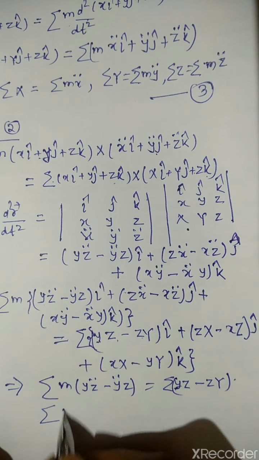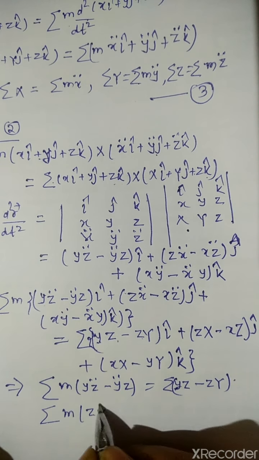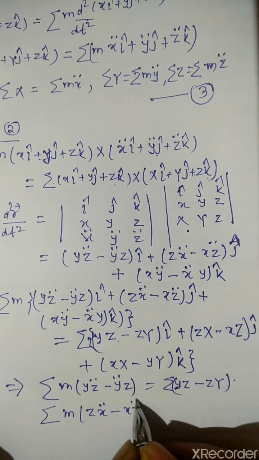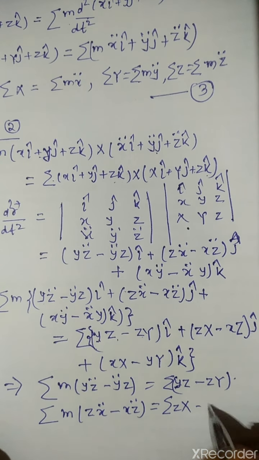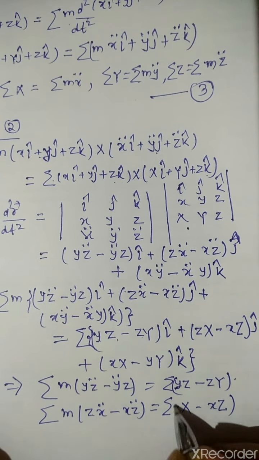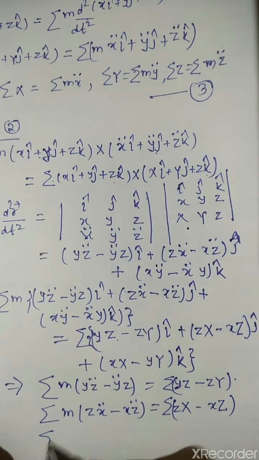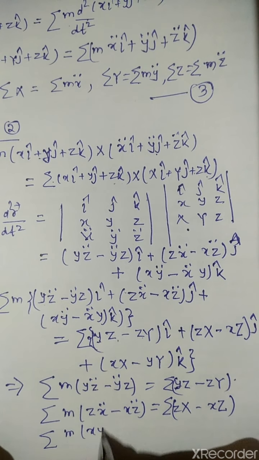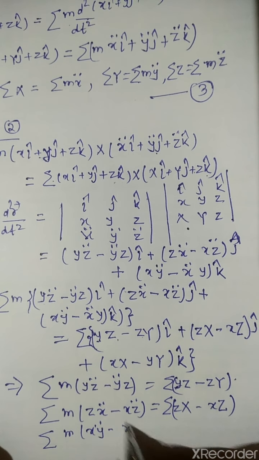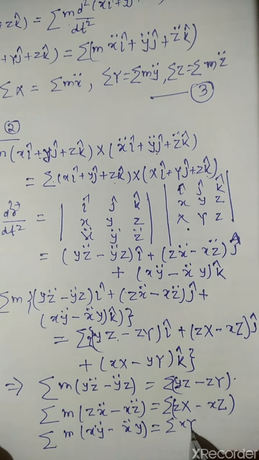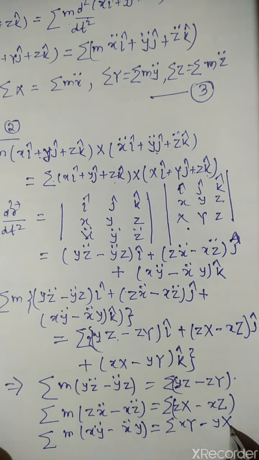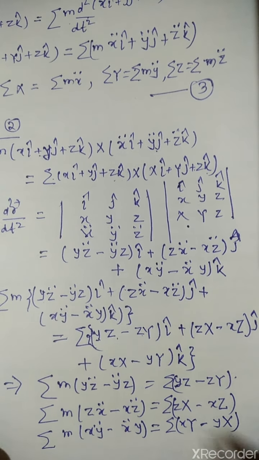Then again sigma m (z x double dot minus x z double dot) equals sigma (z X minus x Z). And again m (x y double dot minus x double dot y) equals sigma (x Y minus y X).